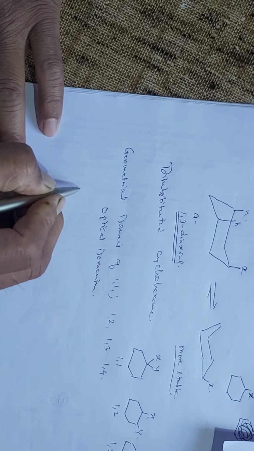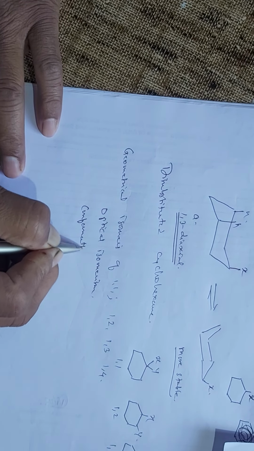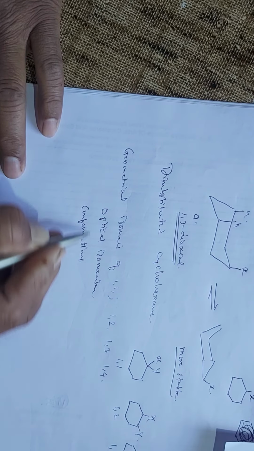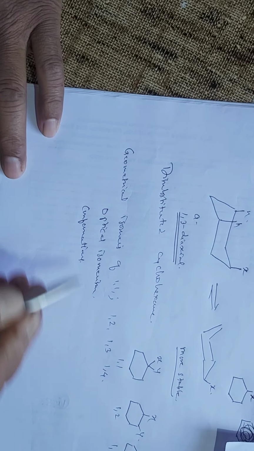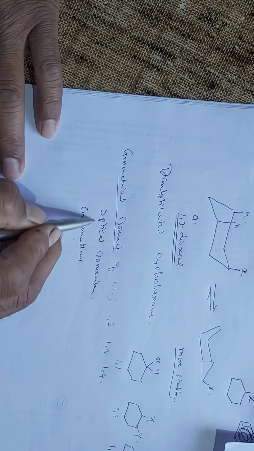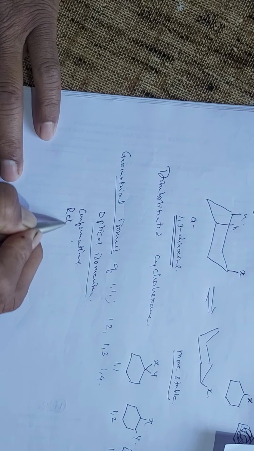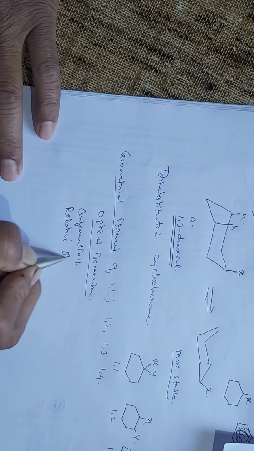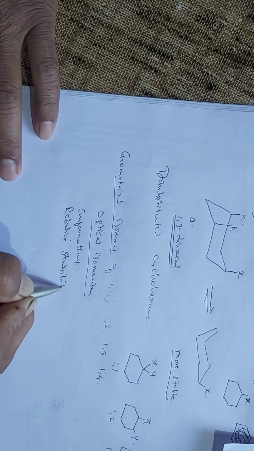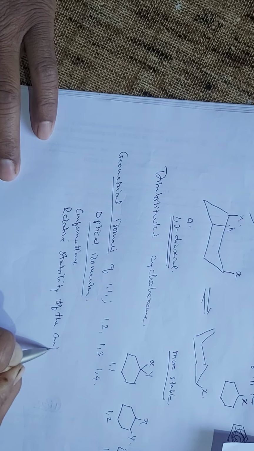and then we want to study the conformations possible. Conformations possible means we will see how these molecules can be written, what types of conformations are obtained, what are the different types of geometrical isomers, what are the optical isomers, and then we want to study the relative stability of the conformations.